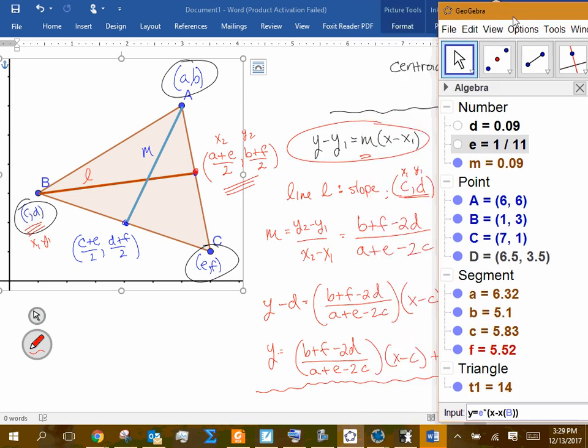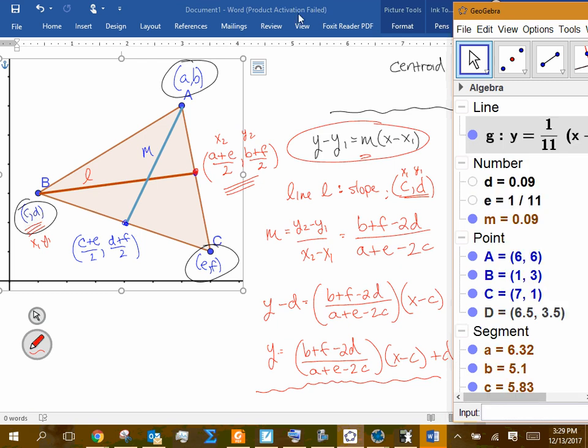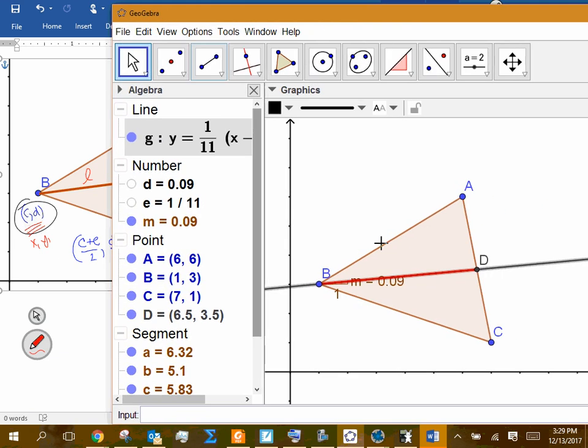So that's this part here, we're going to put that slope times x minus xb, so that's good, and then we're going to go plus d. This d here is the y coordinate of point b, so I say y of b. And when I hit enter, that should provide me a line right over the top of line L in GeoGebra. So when I type that in, you see that that is that black line. That's right over the top of the red one.